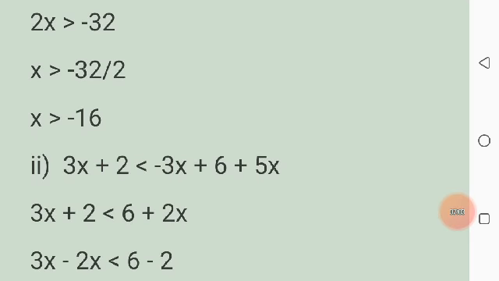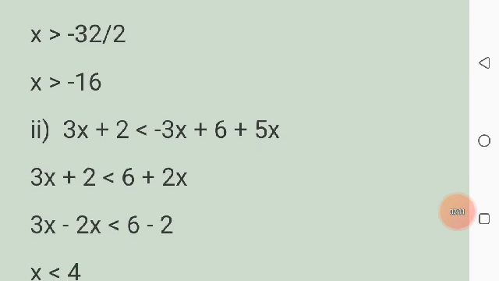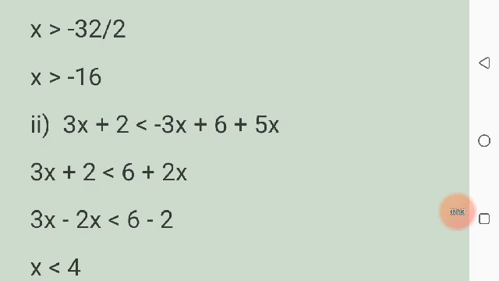2. 3x plus 2 is less than minus 3x plus 6 plus 5x. So we have 3x plus 2 is less than 6 plus 2x. That is, we add minus 3x and 5x, we get 2x.